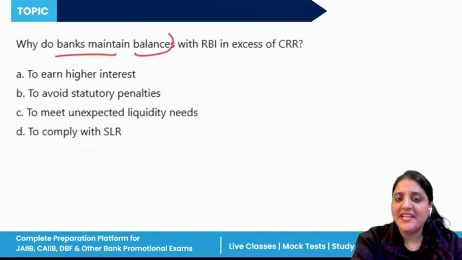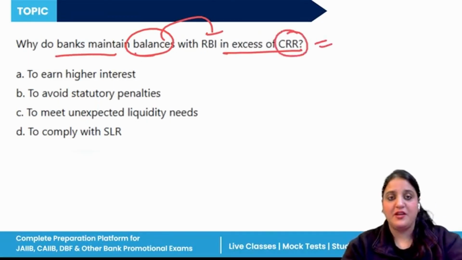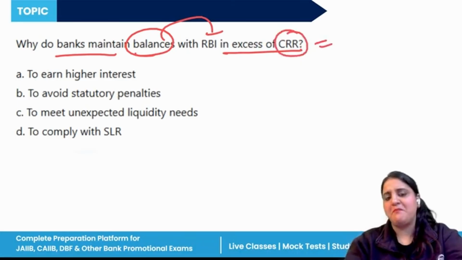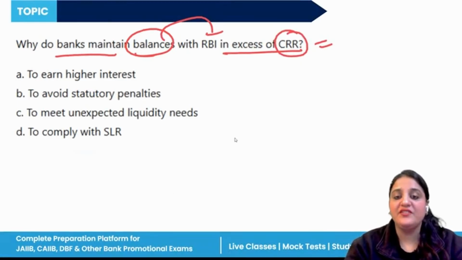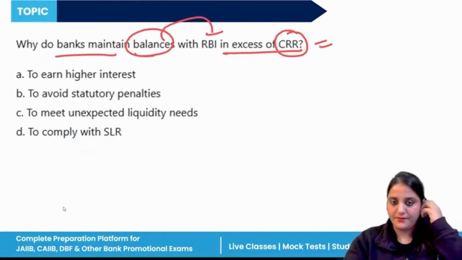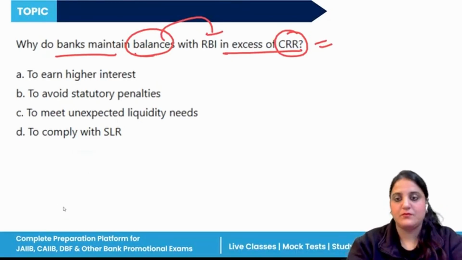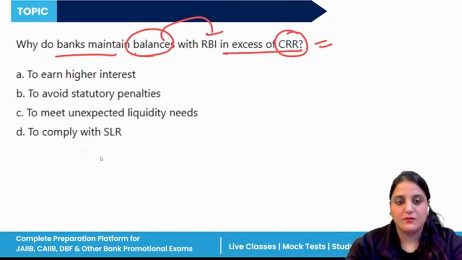Why do banks maintain balances with the RBI in excess of CRR? Which option is correct according to you?